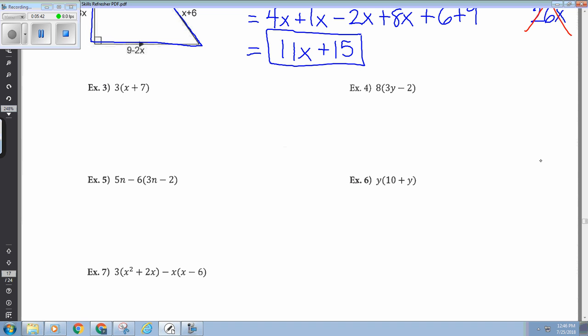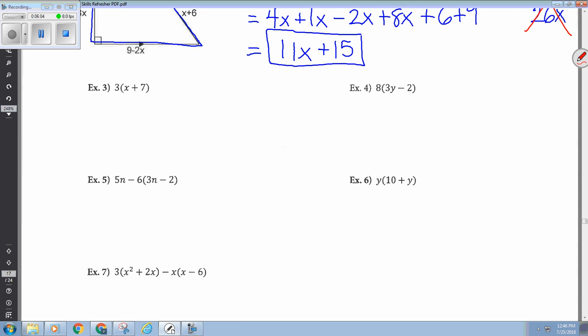Now we're going to get into distributive property. Distributive property is when you're taking whatever is attached to the parentheses and multiplying it in. But keep in mind, if you multiply the first term, you need to multiply everything inside the parentheses. Everything, not just the first part.